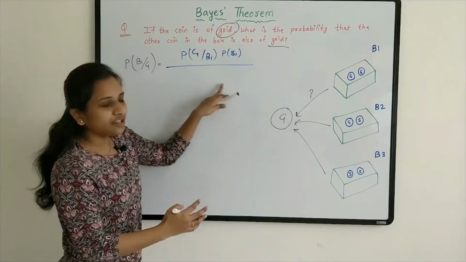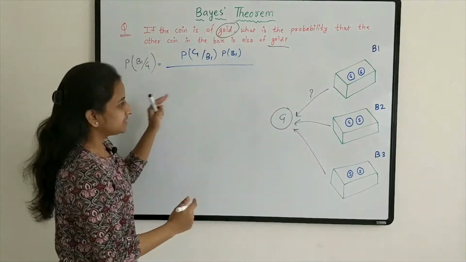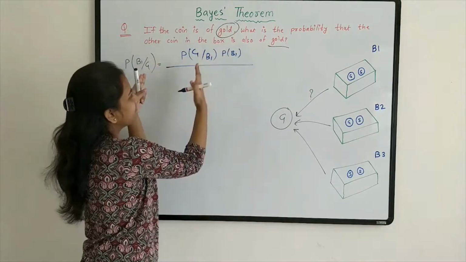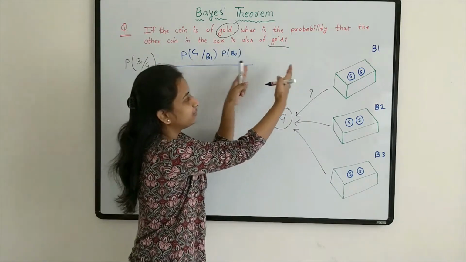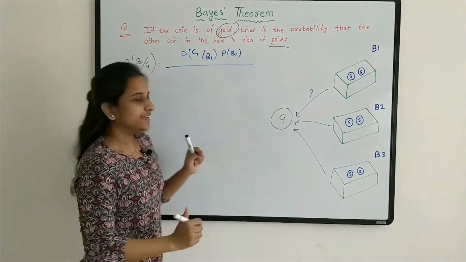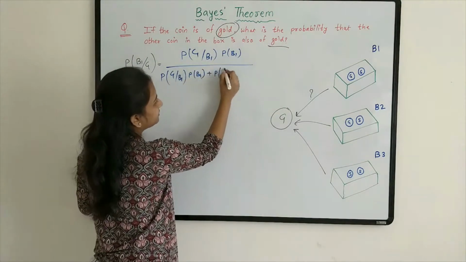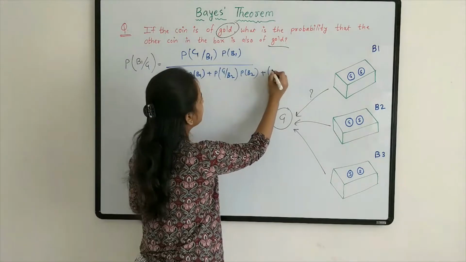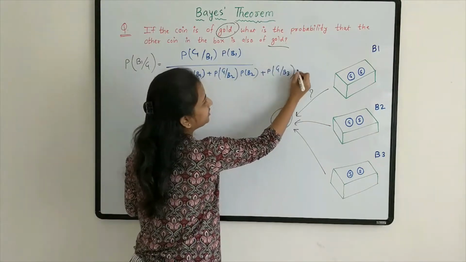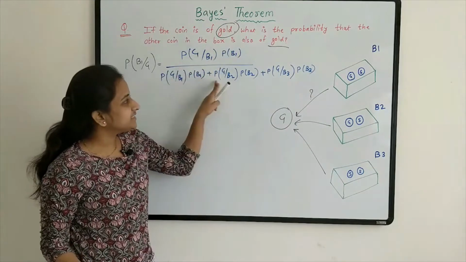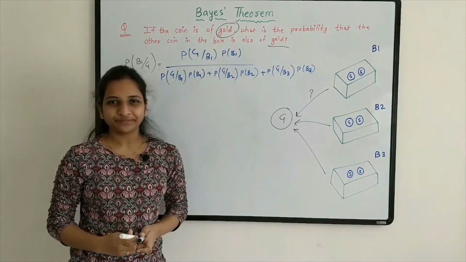And in the denominator, what terms are there? See, as there are three bags, we have to write this term for bag 1 plus bag 2 plus bag 3, right? Fine. Now let's find these terms and substitute here.